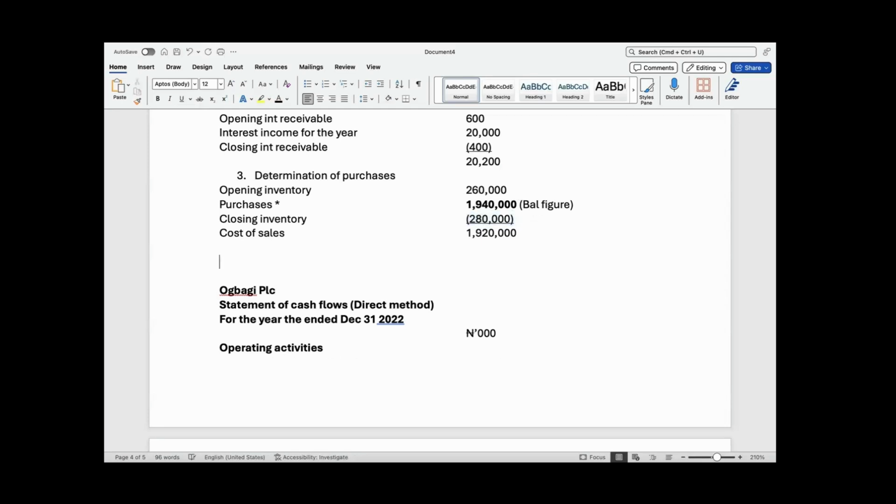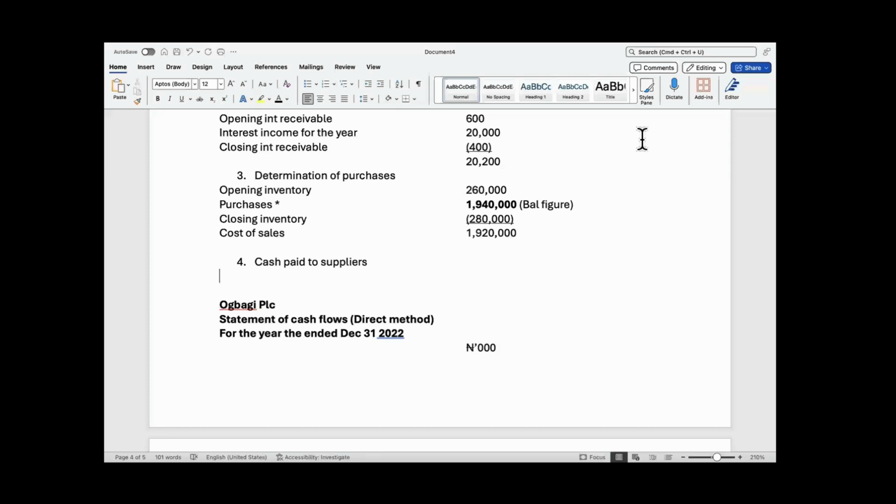Now, having gotten that, then I can get my cash paid to suppliers. So my purchases is 1940. How much of it have I paid? Or did I pay everything? How do I know? I will check.